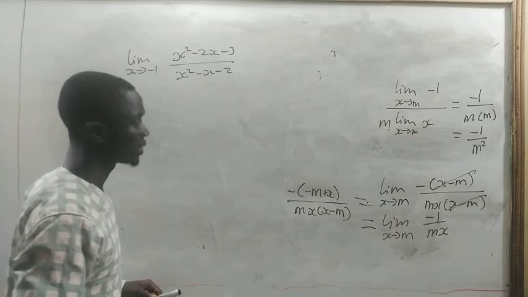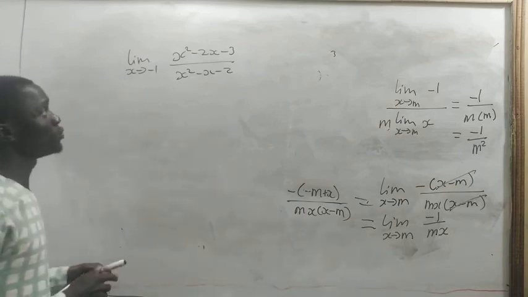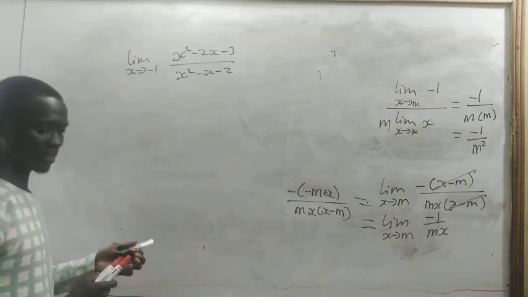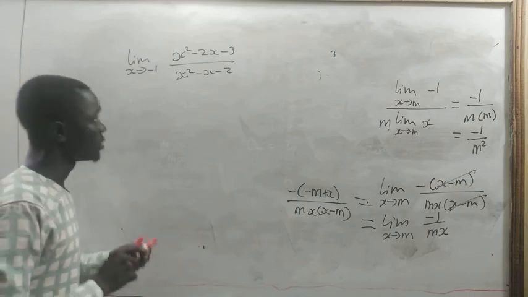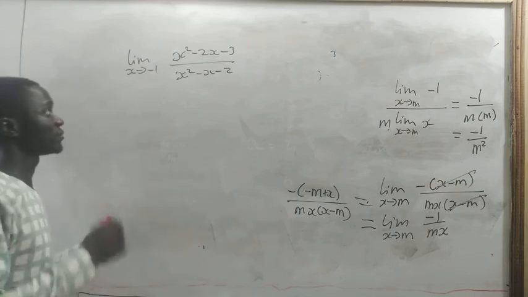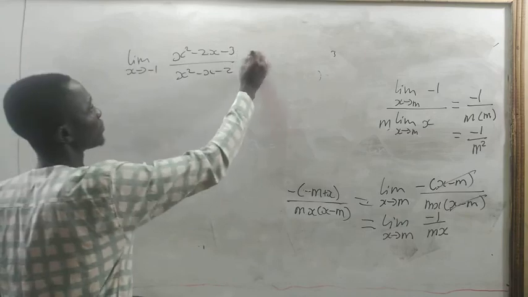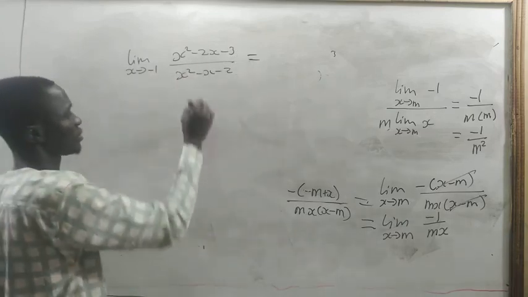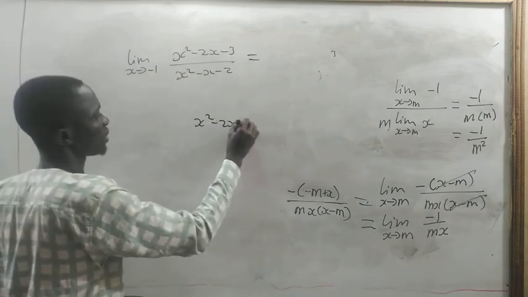So here, both the numerator and the denominator are quadratic expressions. So let's do factorization. Let's factorize x squared minus 2x minus 3.